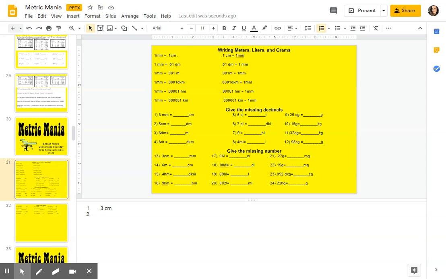Okay. Number 2, let's go to number 2, 5 cm. We're going to change centimeters to decameters. Okay. So our 5 centimeters numerically is expressed 0.05. You're going to change that over to decameters.